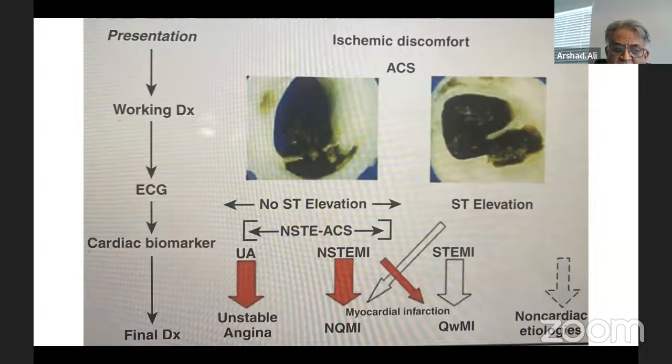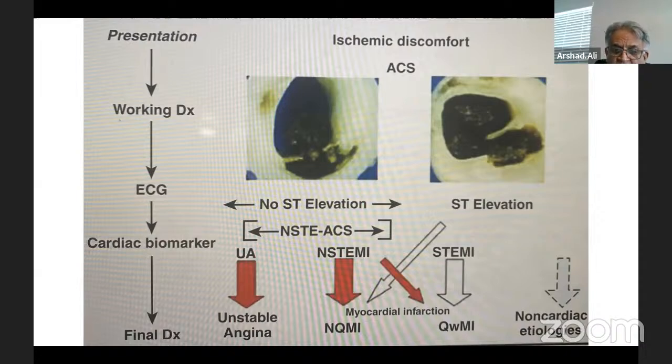This is again the same thing: unstable angina, non-Q MI, and Q-wave MI, which is STEMI. So if somebody has chest pain, it's a flow diagram. How do you get to a working diagnosis? Then you go to the EKG, cardiac biomarkers, and the final diagnosis.